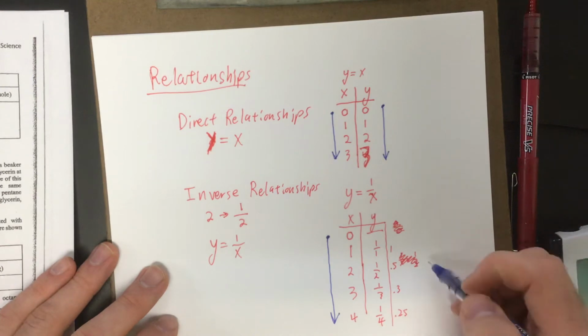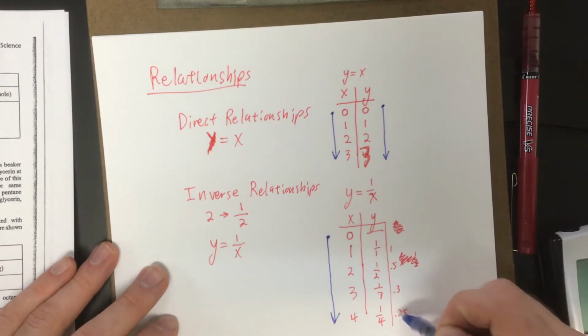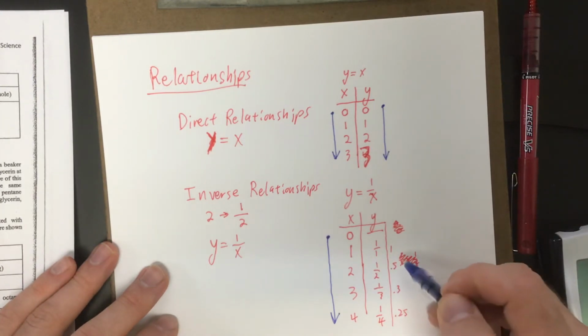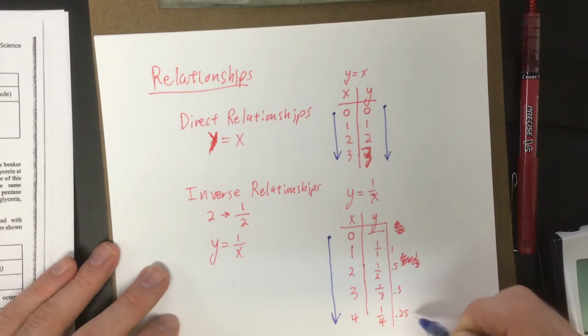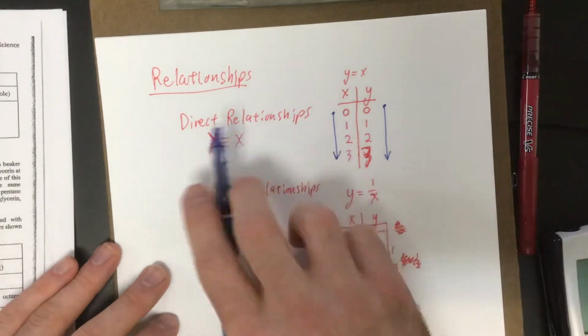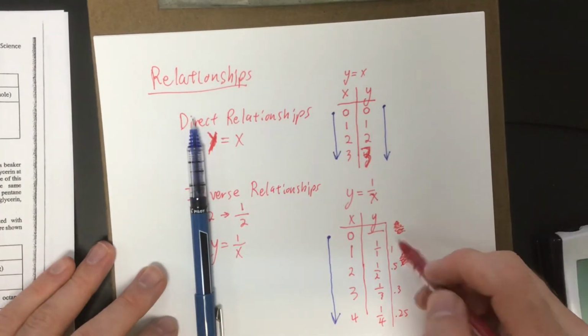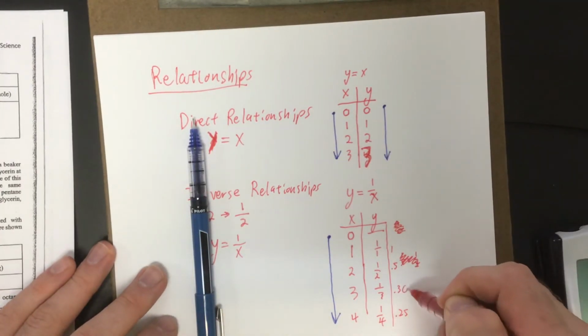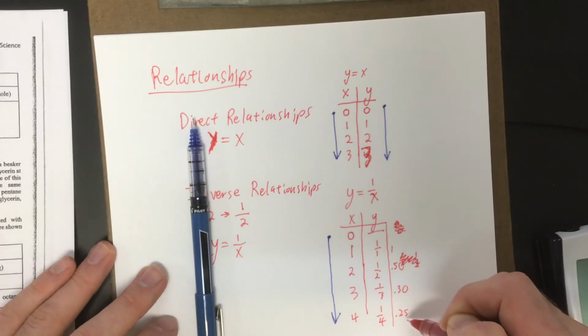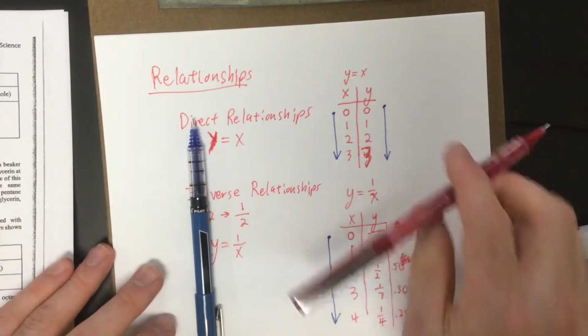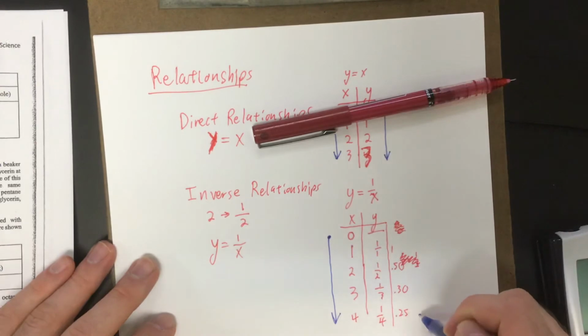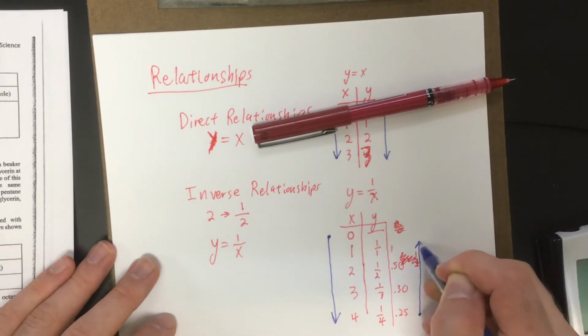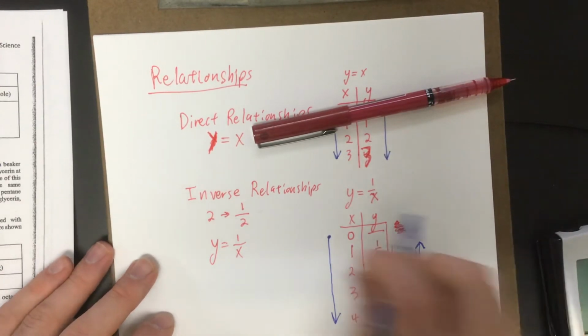It's going to be inverse, okay? This is 0.25, this is 0.33, this is 0.5, and this is 1, okay? So if we think about this as like cents, like if this is $1 and we had 50 cents and 33 cents and 25 cents, that means that this is the way we're getting bigger, okay?